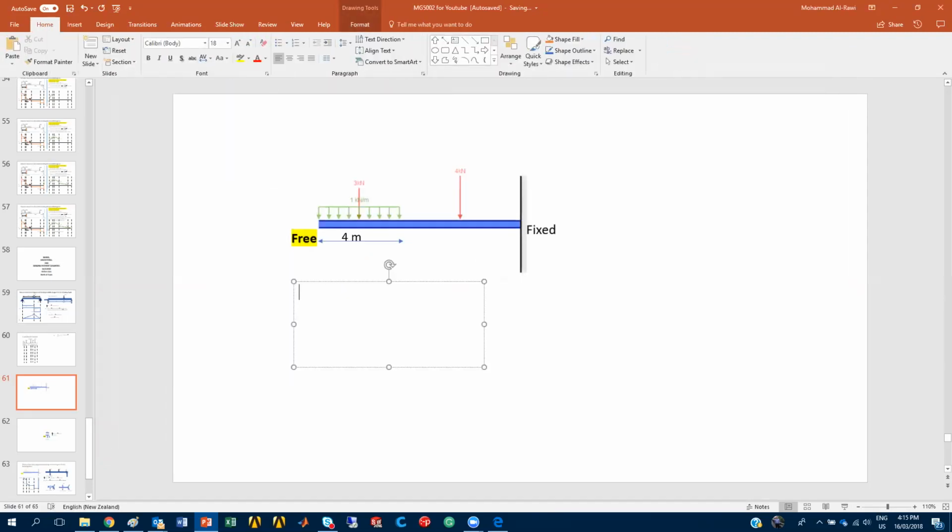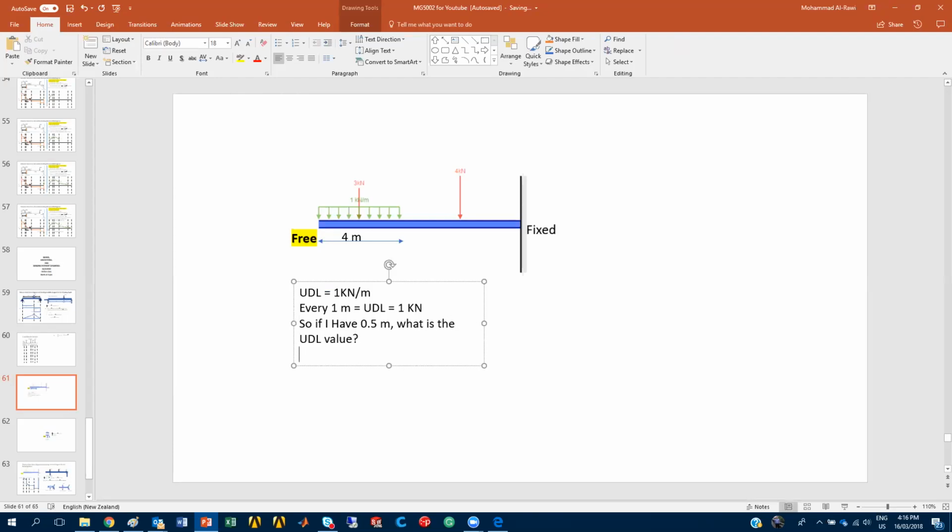So when they say UDL is equal to 1 kilonewton per meter, it means every 1 meter, the UDL equals 1 kilonewton. So if I have 0.5 meter, what is the UDL value?